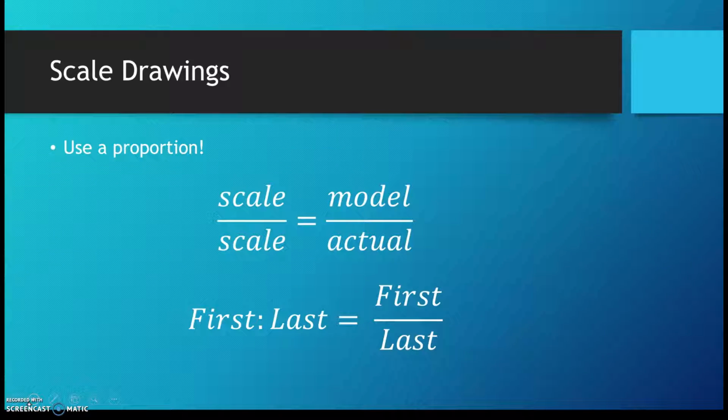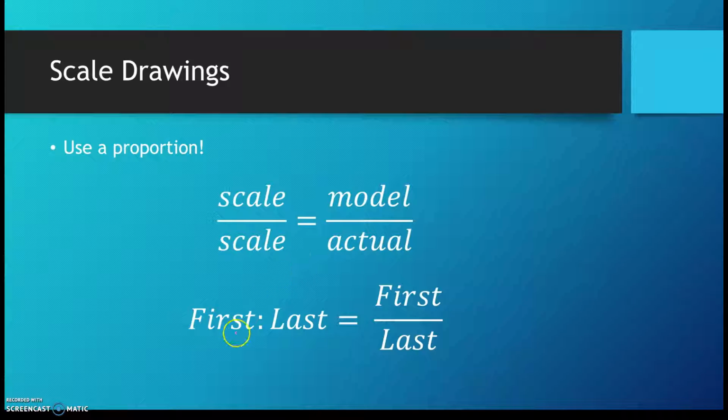So let's start out with writing in our formula box these two different examples, okay? In general, a problem is going to give you the scale. So you're going to put the scale on the left side of the proportion, and it's always going to be model over actual.